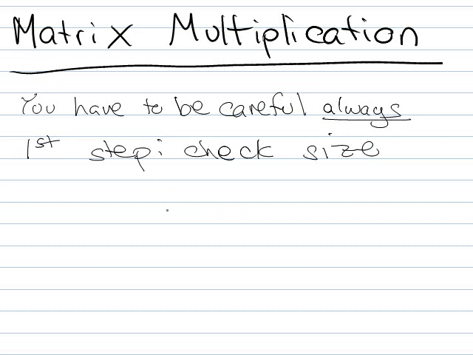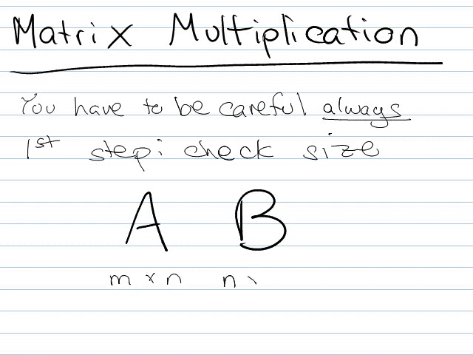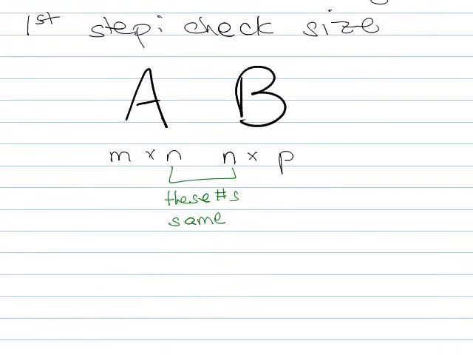So what you need to do is say I'm going to multiply A times B. What I want to do is check the number of rows and columns. So say A is an M by N matrix, so it's M rows, N columns, and B is an N by, say, P. If these numbers are the same, I can do multiplication.